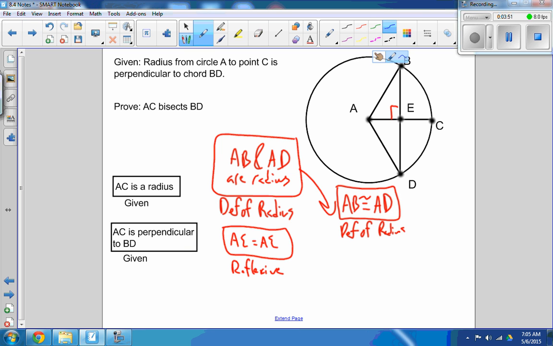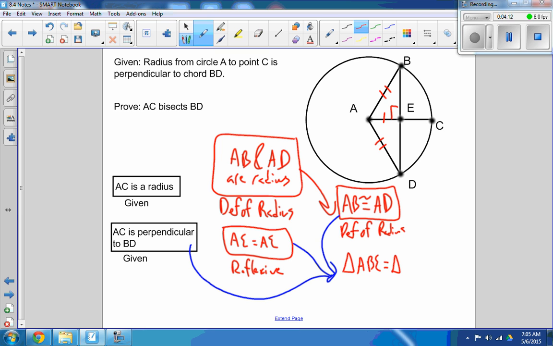Now, I'm going to combine the perpendicular with the reflexive with this property. Combine all of those together. So I've got all of that, and now I can prove triangle ABE is congruent to triangle AED by hypotenuse leg.